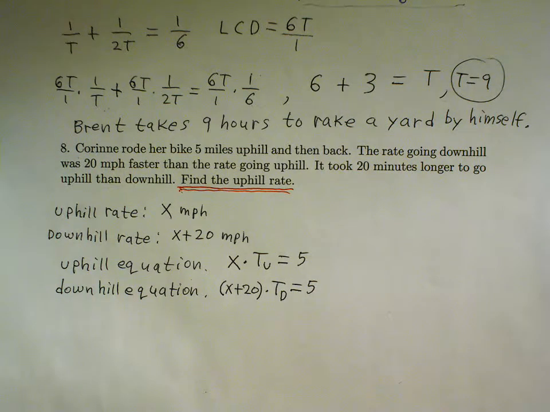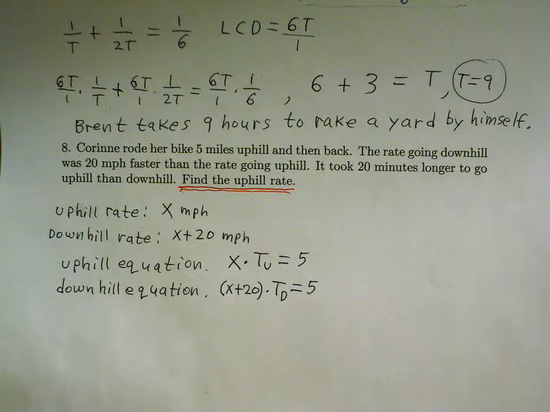Well, we're given information in the problem about that. So what information are we given about the times? It took 20 minutes longer to go uphill than downhill. Yes, it took 20 minutes longer to go uphill than downhill.